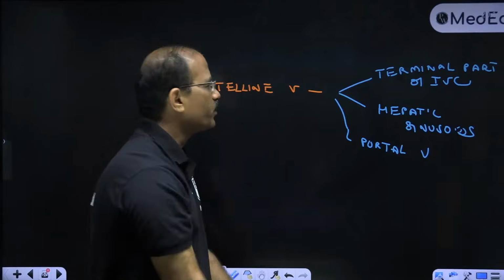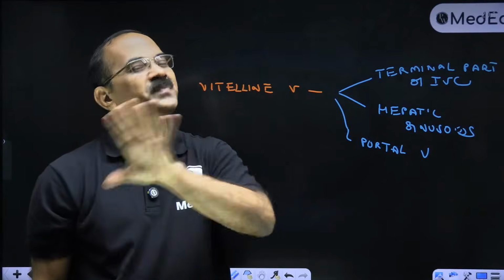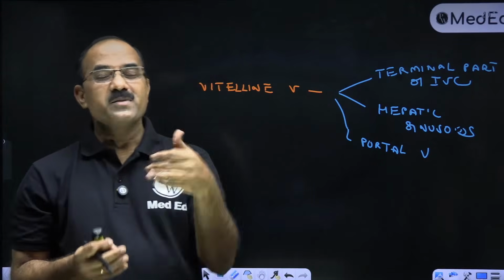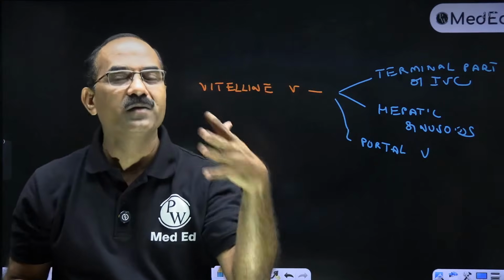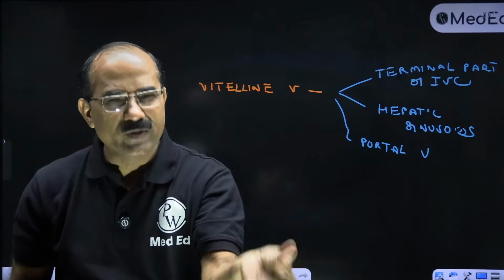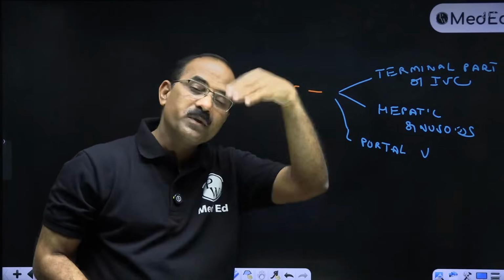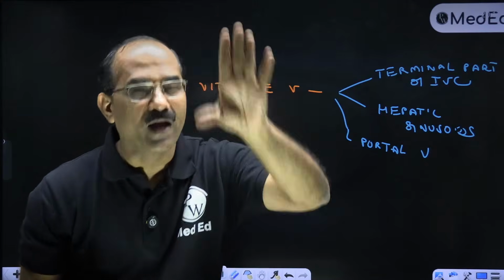Yes, very good. So three things it forms. बस ये याद रखना. इतना याद रखोगे तो details then you can go into. The vitelline vein forms, number one, the portal vein. Number two, it gets broken down in the liver to form the hepatic sinusoids, जिससे वो ductus venosus भी बनता है. And number three, it forms the terminal part of IVC. उसका नाम है hepatocardiac channel.